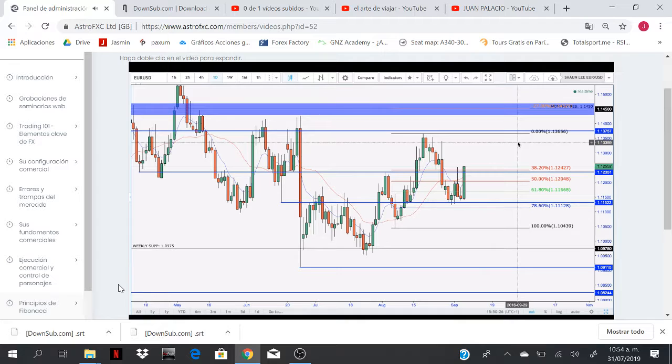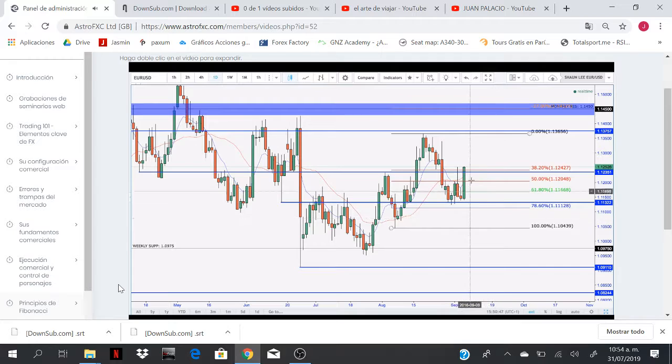Now what we can actually see here on the Euro is a Fibonacci retracement, and we're looking at the 61.8 level. This 61.8 level is, more or less, I wouldn't say it's bang on alignment with our daily support at 1.1132 over there.